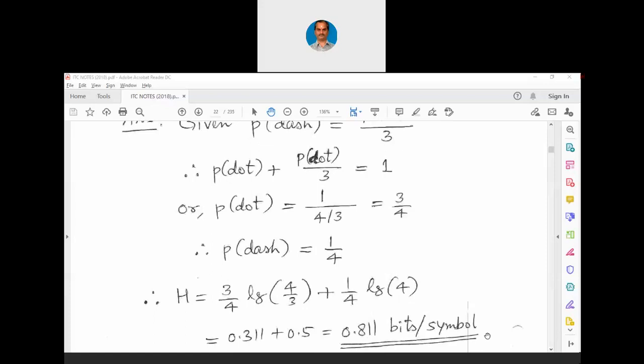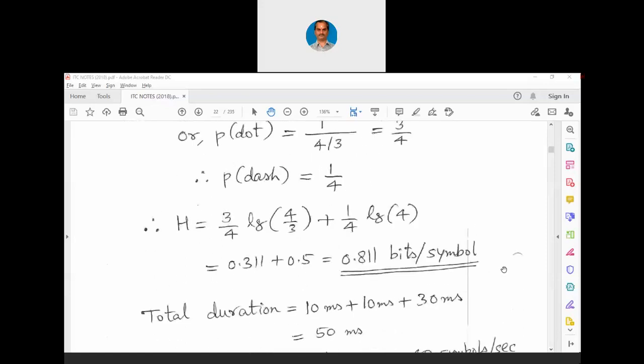This is entropy. Now, total duration: we know dot lasts for 10 milliseconds, the gap between the dot and dash is 10 milliseconds, and dash lasts for 3 times, that is 30 milliseconds. So between a dot and a dash there must be a gap. Again between one symbol and the next symbol also there is a gap. Anyhow, that we are not considering in this exercise.